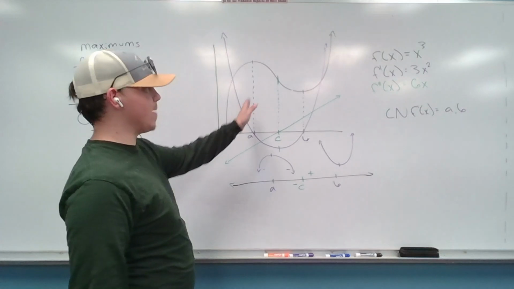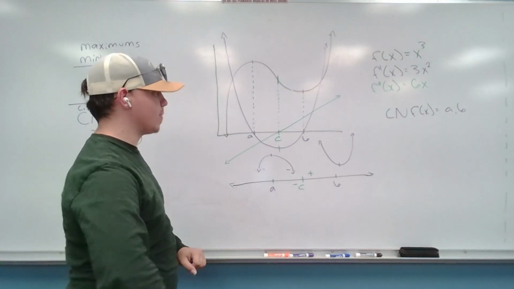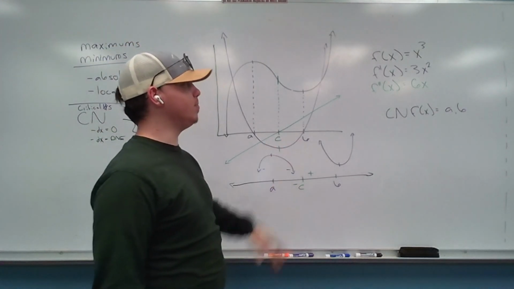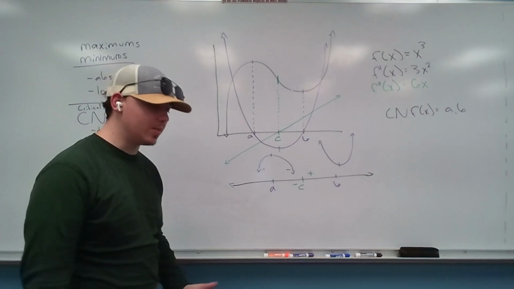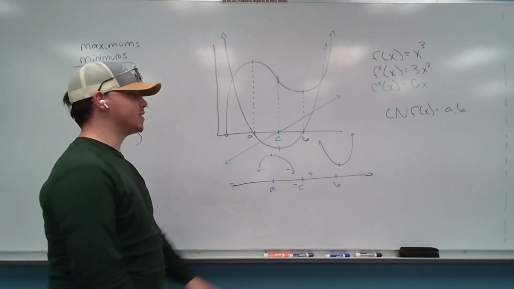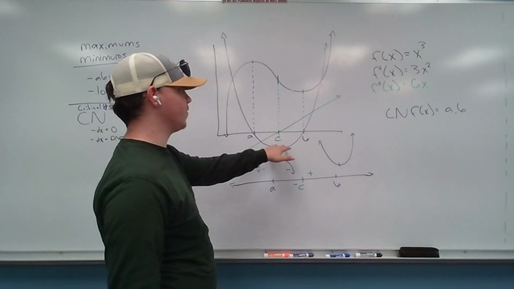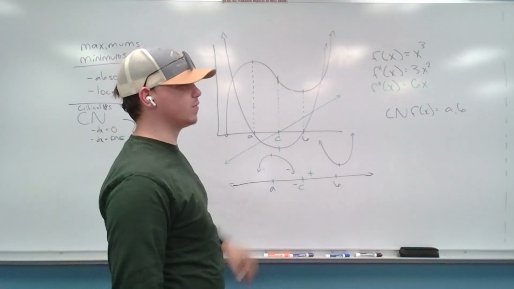I would plug a back into x cubed, and I would get a cubed as my local maximum. Same thing for b, and I would get b cubed as my local minimum. And then the question might ask me for my point of inflection, and I would say that is c for my x value, and the value of the point of inflection would be c cubed, because that's where it is on the original function.